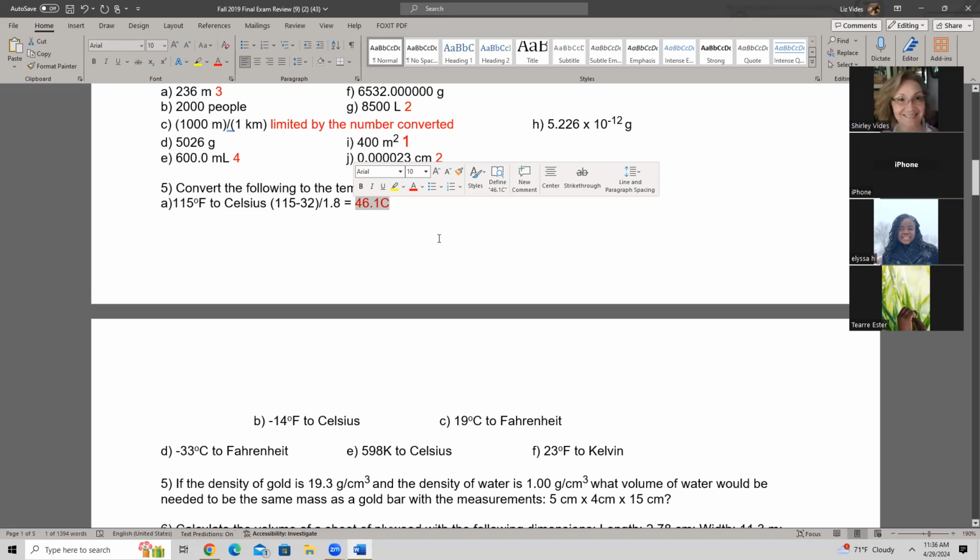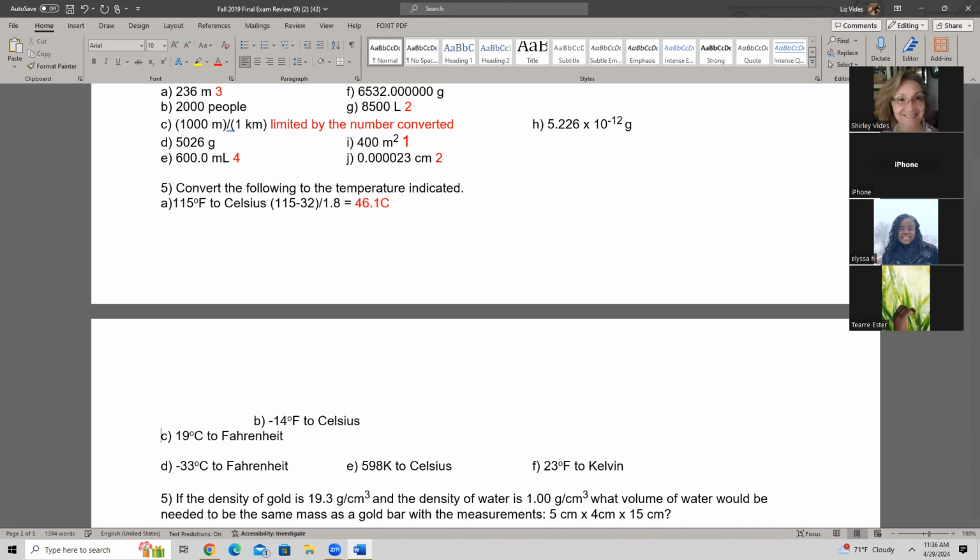Usually I don't like sig figs with temperature because it can be very dangerous to put sig figs on temperature. So what I'm doing is I am actually just giving you 1 decimal. All right, now we're going to Fahrenheit. The F formula states that you need to multiply your Celsius, 19 in this case, times 1.8, then add 32.